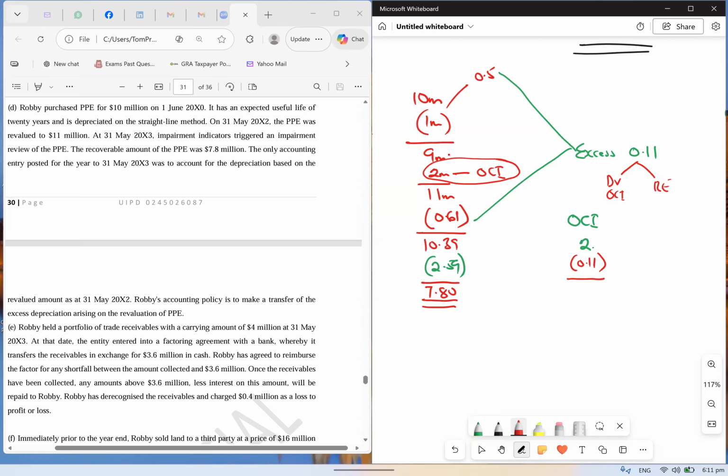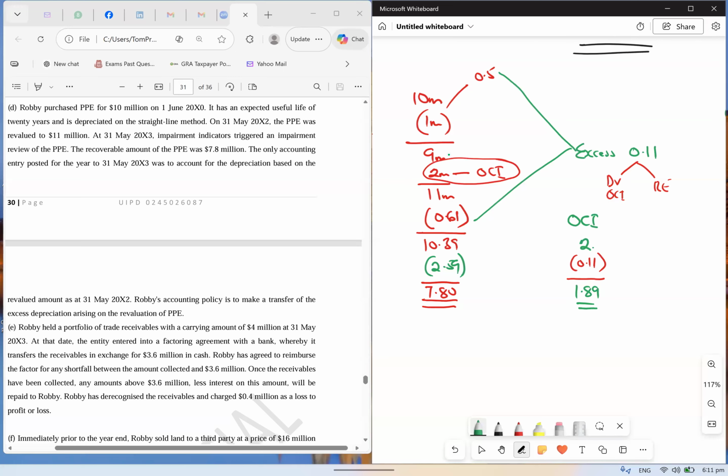You are not adding, it's the excess, the difference. Okay, sure. So you have a balance of what? That is 1.89, right? Yes.